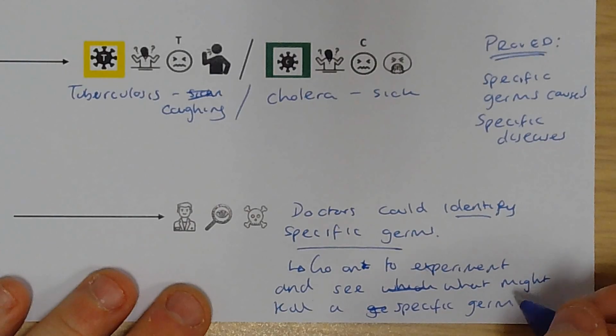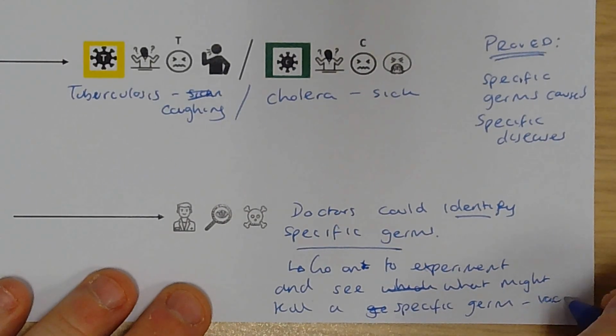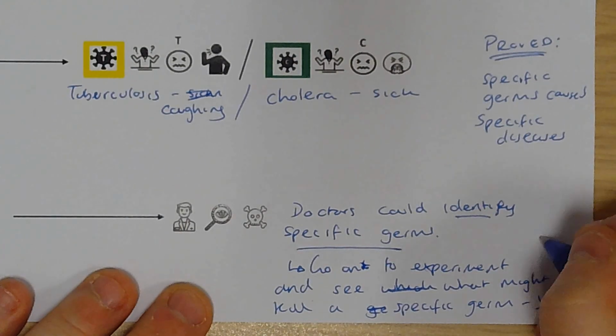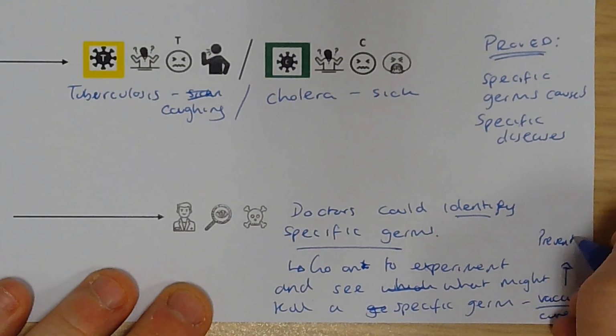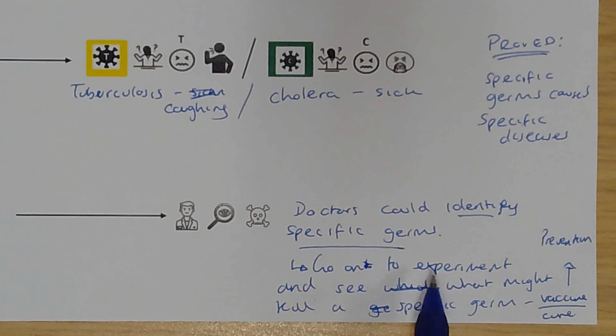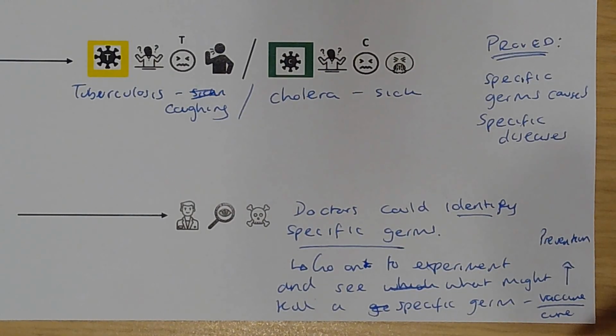So they are looking for a vaccine, so prevention, or a cure. So remember, if they were able to kill a germ that was trying to enter the body, that's a vaccine, it's prevention. If they were killing a germ already in the body, that is a cure.